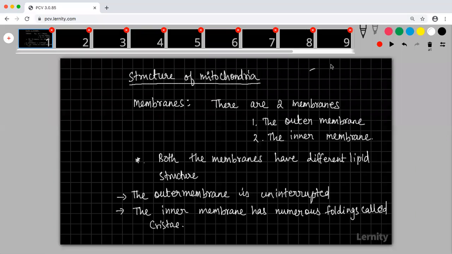So you know that thing. The outer one has only one layer, whereas here you will see numerous finger-like projections. Like this, you will see the cristae. So that is what you are seeing here. Okay.